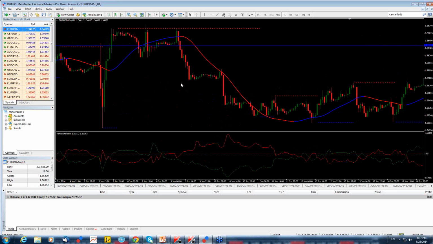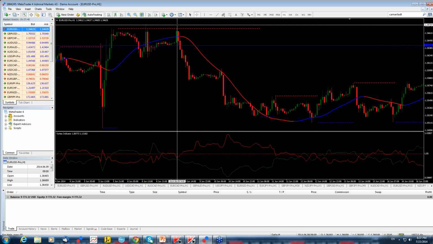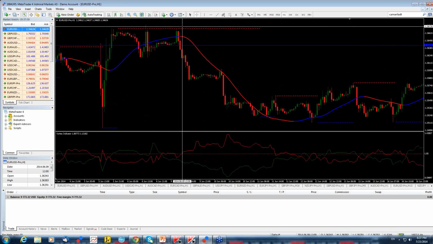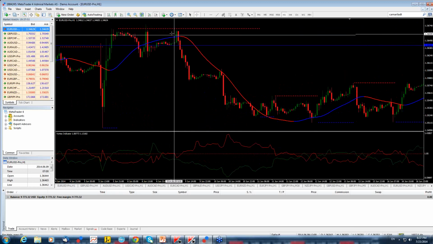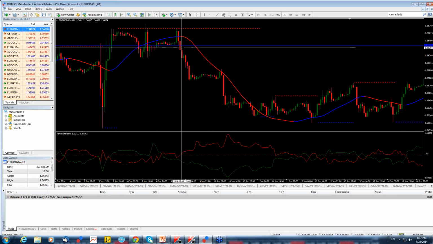So let's see, usually the best trades are taken when the price gets to important resistance and then falls down. So actually this is a good entry, this is next TP, this is next TP. So you know how to trade this system.